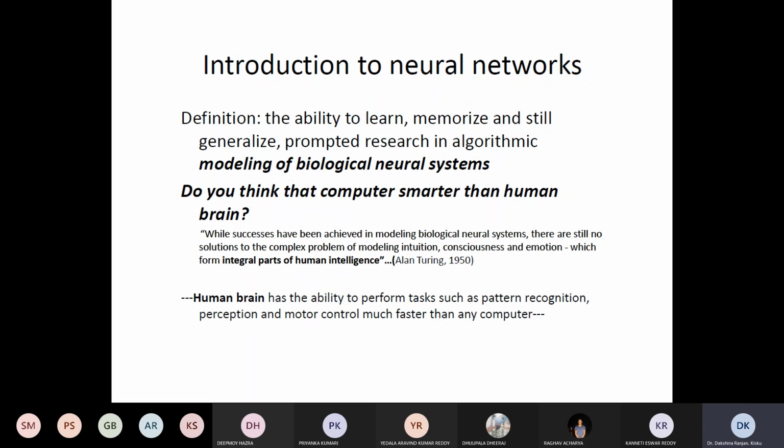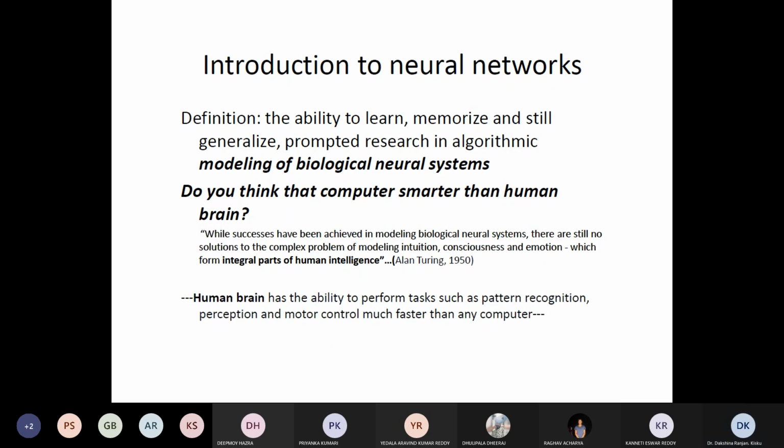So, if I compare the human brain with a computer CPU, then we can understand that the human brain has more ability than the computer CPU to perform different tasks.